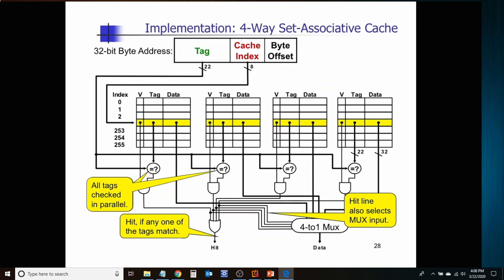Before I get into that, four-way set-associative implies that you have 4 cache slots per address. And those slots are going to be here, here, here, here.